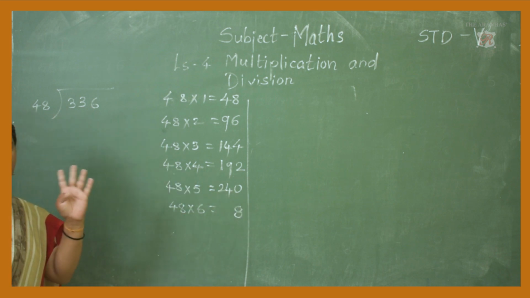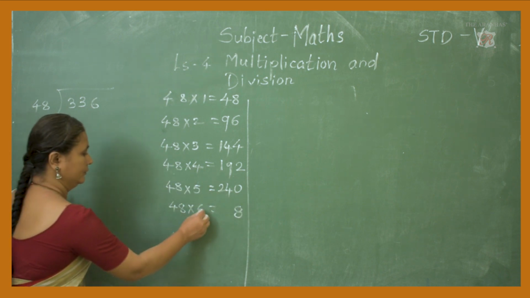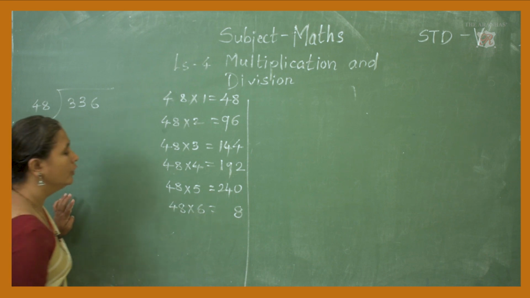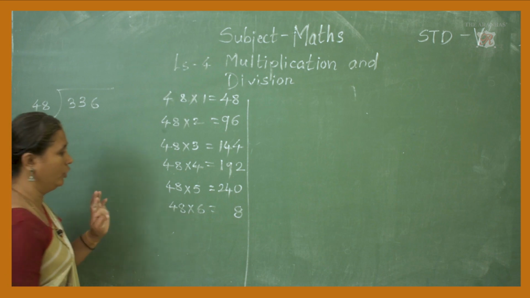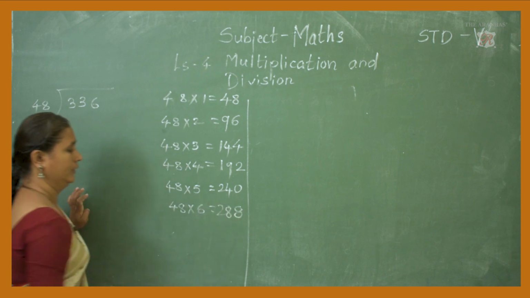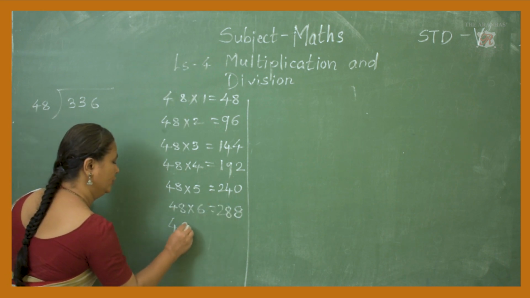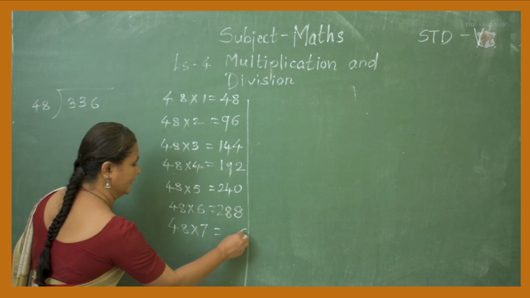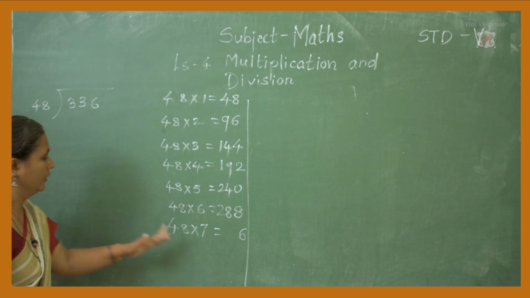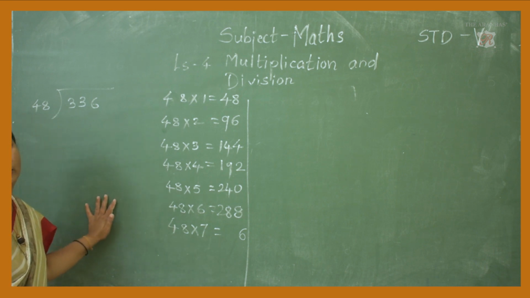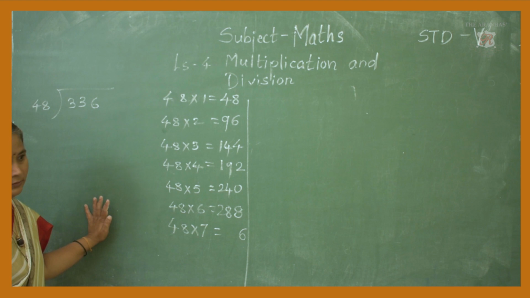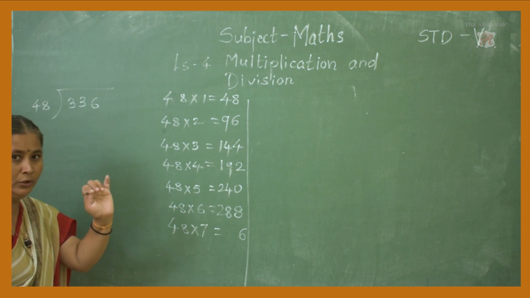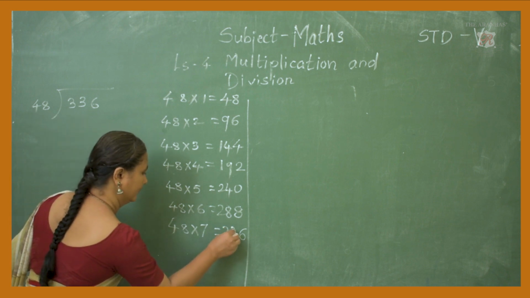48 into 6. 6 eights are 48. 8 for answer, 4 for carry. 6 fours are 24. 24 plus 4, 28. 48 into 7. 7 eights are 56. 5 for carry. 7 fours are 28. 28 plus 5, 29, 30, 31, 32, 33.